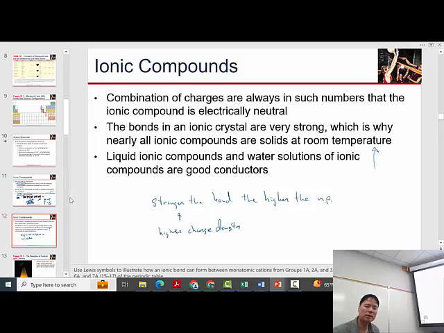Higher charge density just means high charge, small size. So it's the charge to size ratio.